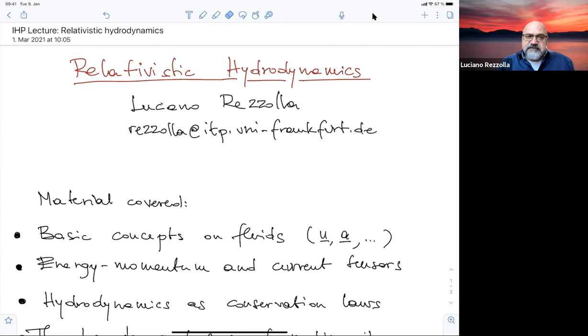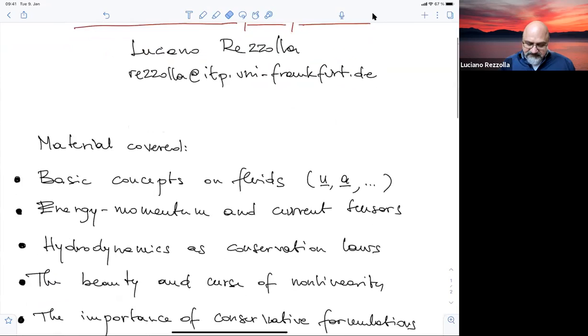Rather, I want to spend some time passing on some of the basic concepts of what is fundamentally important when producing those simulations that we present at conferences. So this will be a lecture in the classical lecture style after COVID, which is essentially online.